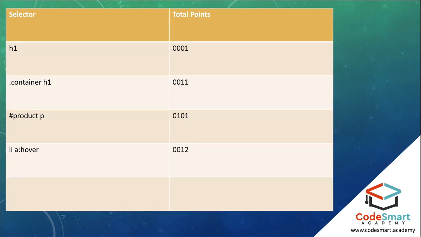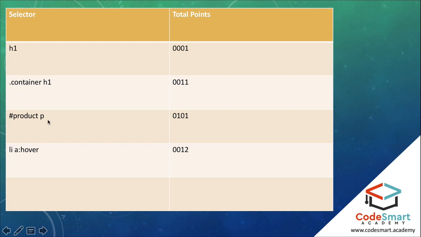We can see from this table here that the H1 just has a single point, and this is what we're currently targeting in the CSS. On the second row we have .container H1, so we still have our single point for this level 1 heading, which is here. We then also get 10 points for this class, so this is more specific than the H1 because we now have 11 points.